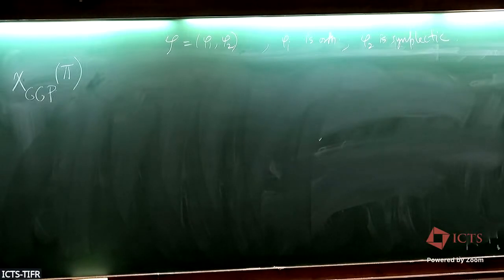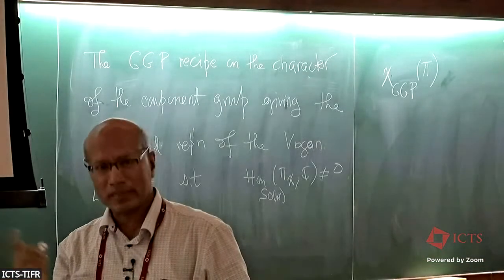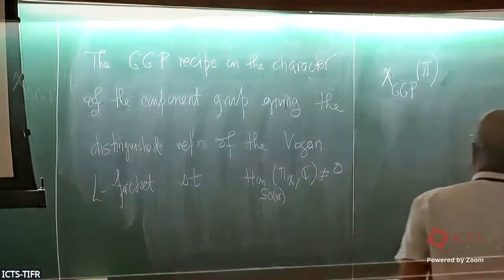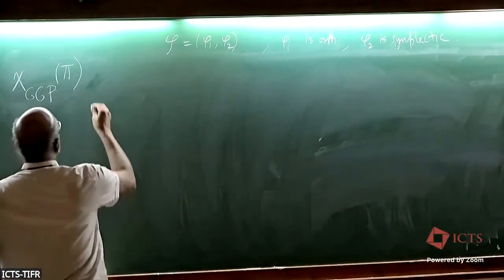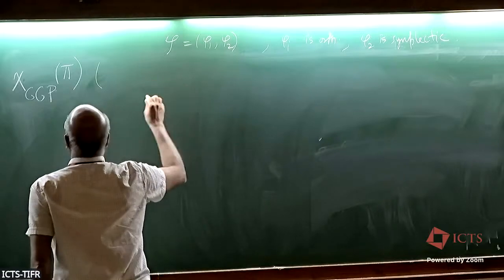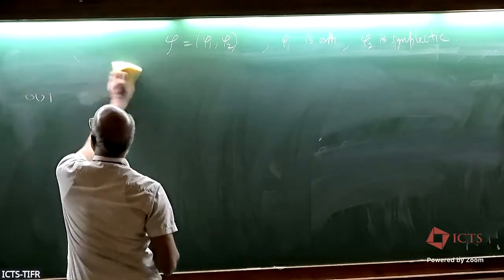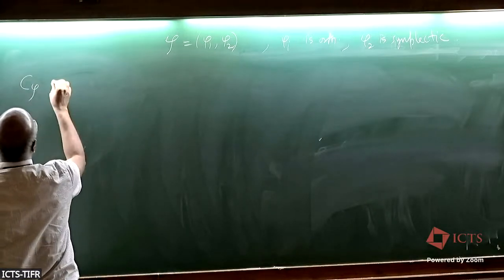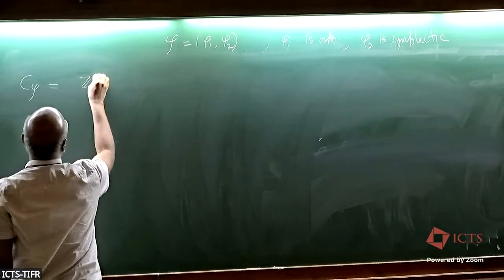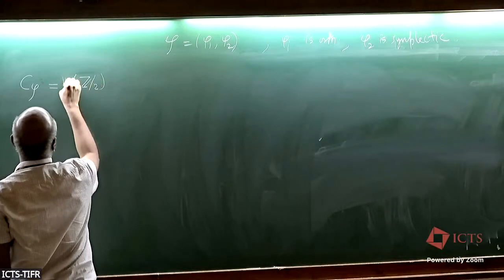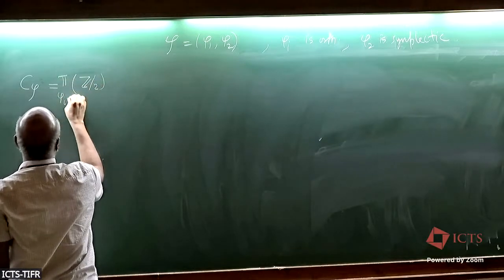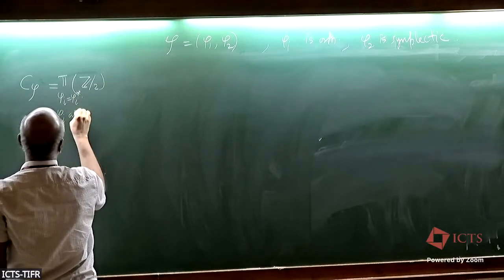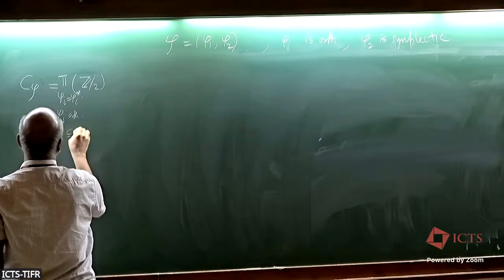And the fact is that orthogonal times symplectic is symplectic. So before I define this, we know that C_phi is a product of Z mod 2's, over phi_i equals phi_i star and phi_i orthogonal, phi_i contained in phi_1.